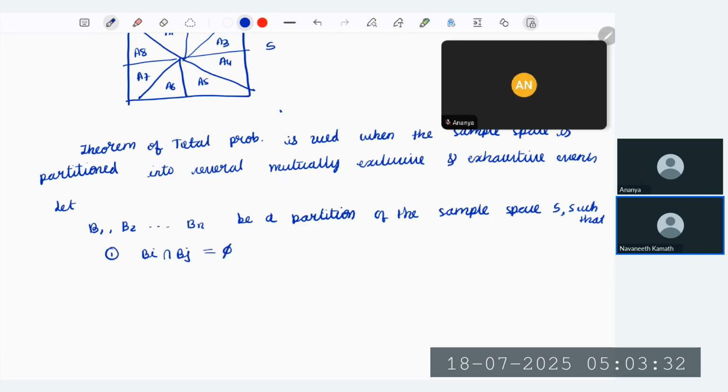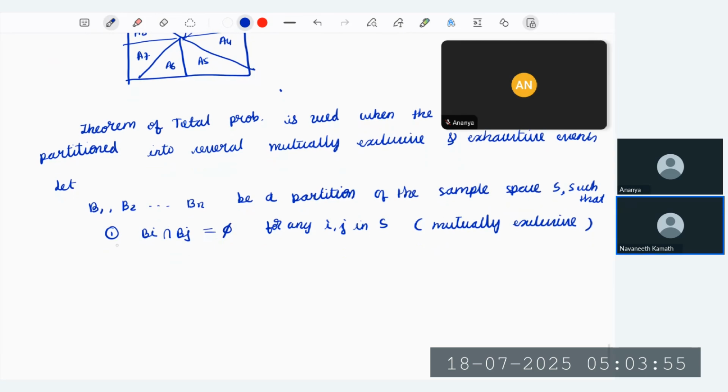That means they are mutually exclusive, for any i and j in the sample space. Correct? Correct, Ananya? Yes.